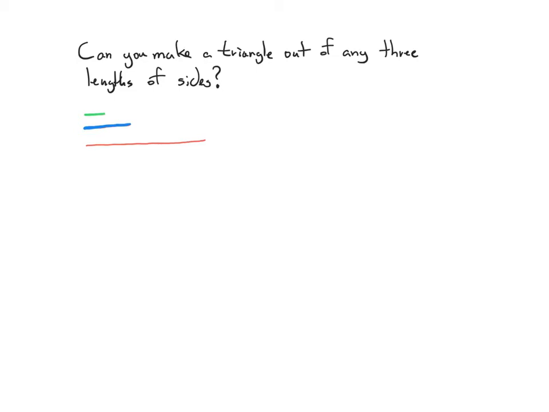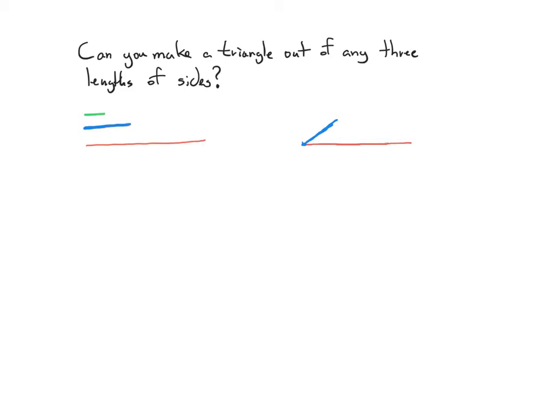So I'll start with the red one and the blue one. So here's the red one here, roughly anyway, I don't need to have it perfect. And the blue one is somewhere around this length. And I'll just put it somewhere, say, here.